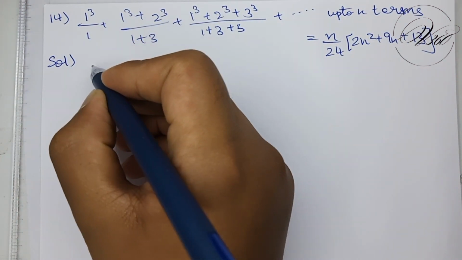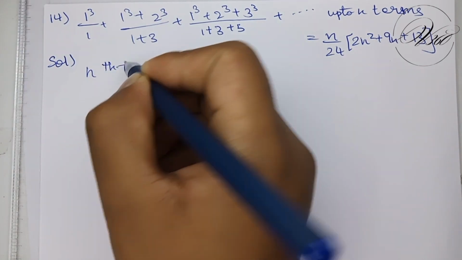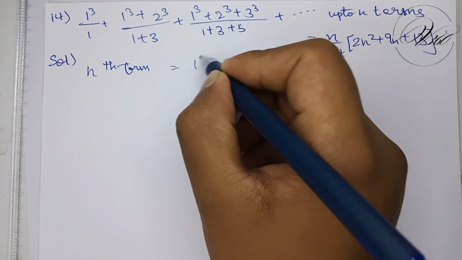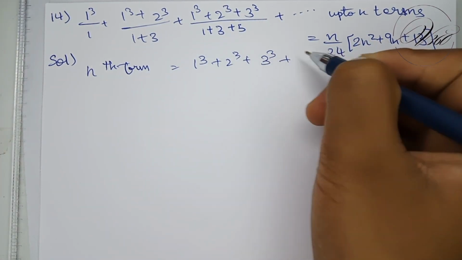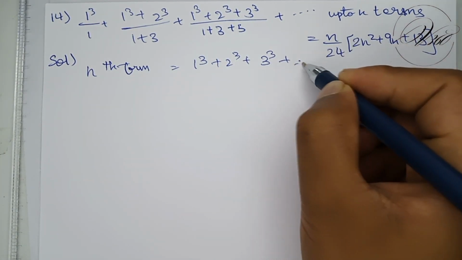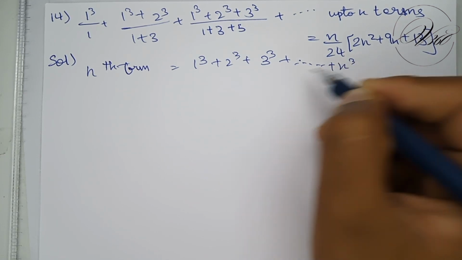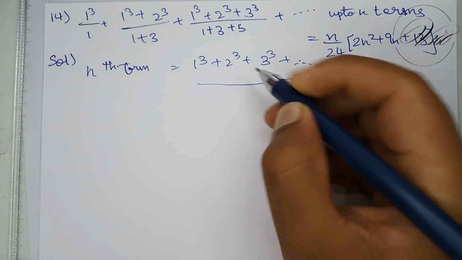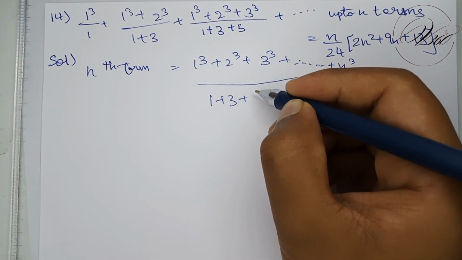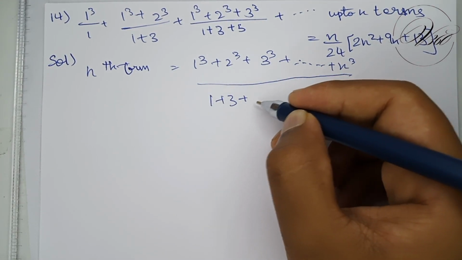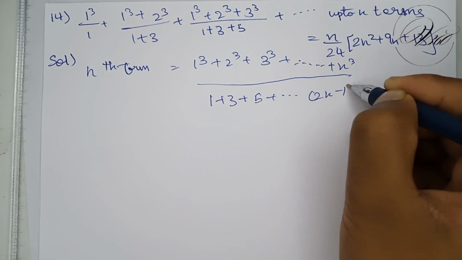Here first, nth term equals to 1 cube plus 2 cube plus 3 cube plus up to n cube by 1 plus 3 plus 5 plus up to 2n minus 1.